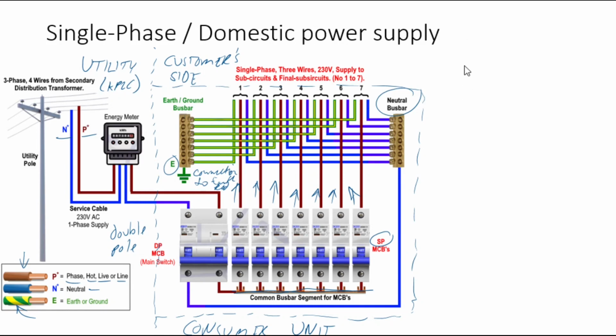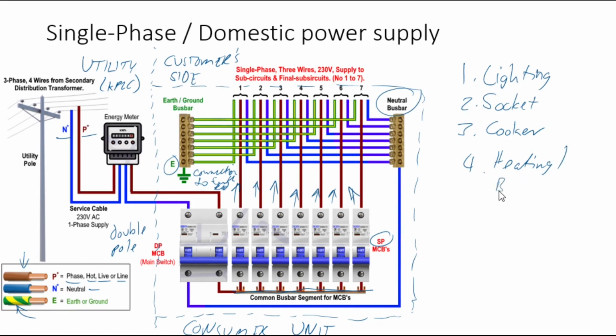So from here you can have lighting circuits, you can have socket circuits, you can have cooker circuits, and you can have heating or boiler circuits. So let's talk about each of these in turn.